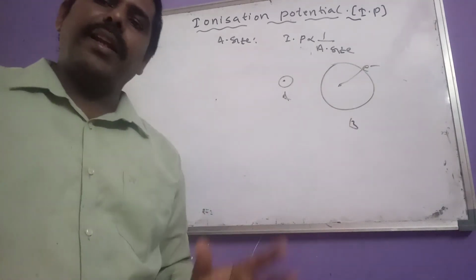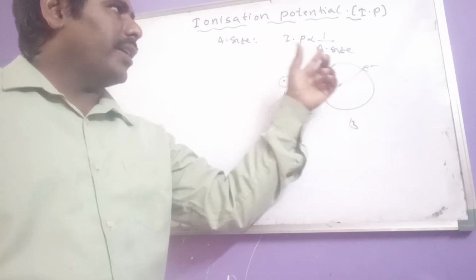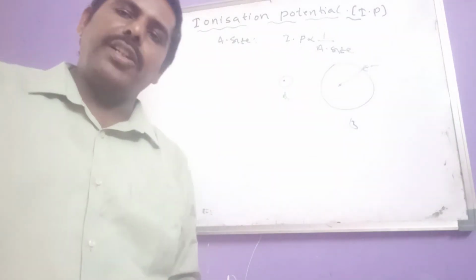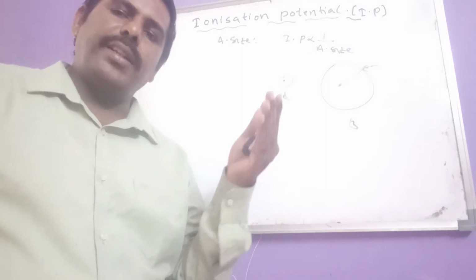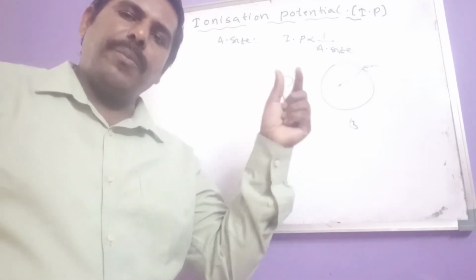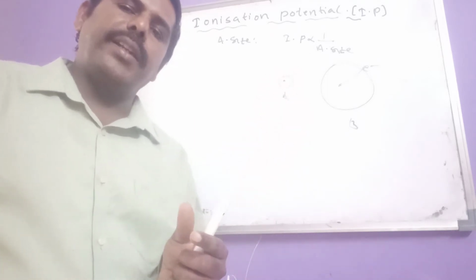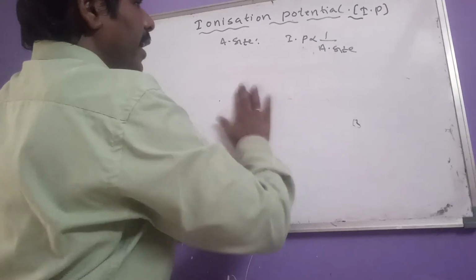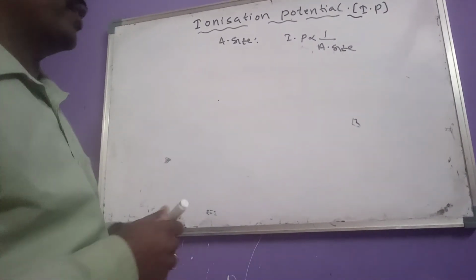So atomic size is inversely proportional to ionization potential. For example, in any group, from top to bottom atomic size increases, so ionization potential decreases. This is the first factor affecting ionization potential.